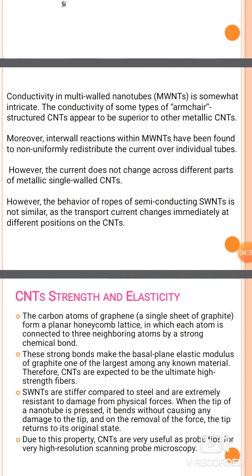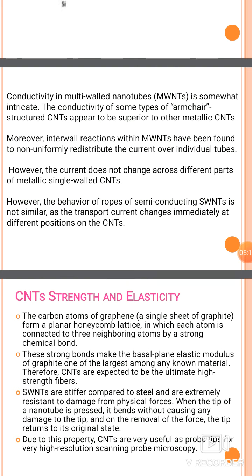Moreover, interlayer reactions within MWNT have been found to non-uniformly redistribute the current over individual tubes, because you already know very well about multi-wall nanotubes. It has not only a single layer but many graphite layers, so it is tough, and the distribution of current is not uniform. So here we mentioned non-uniformly redistributed current over individual tubes.